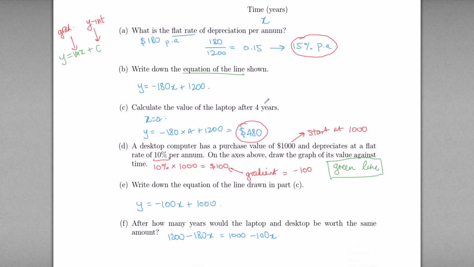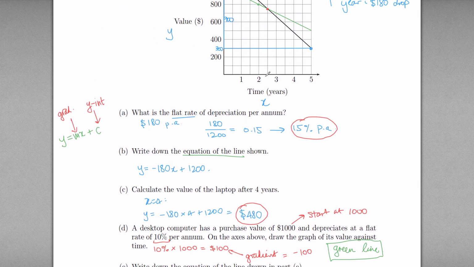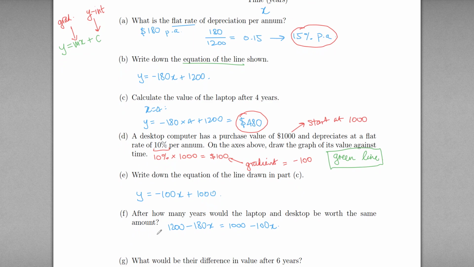Either way you want to do it, you can get the same answer, I think. So you can solve this, or you can just plug in x equals 2.5 if you're brave, and see if it works. Okay, so let's try x equals 2.5 from looking at the graph.